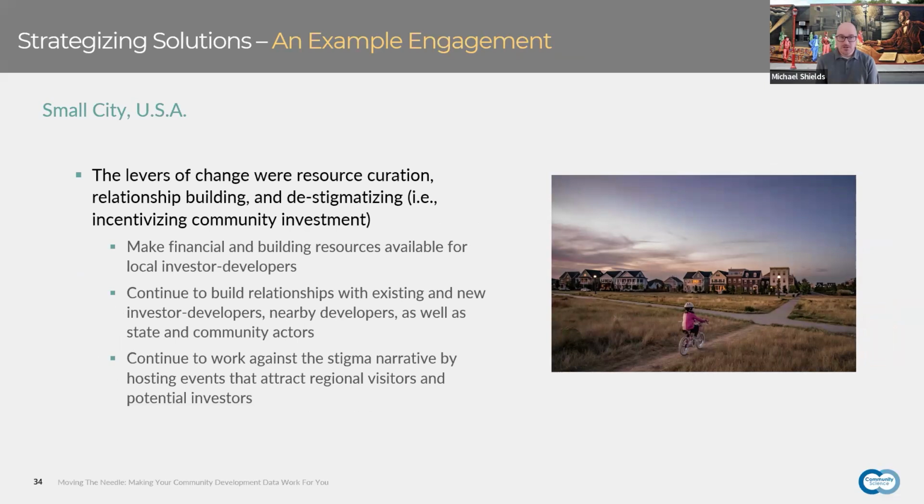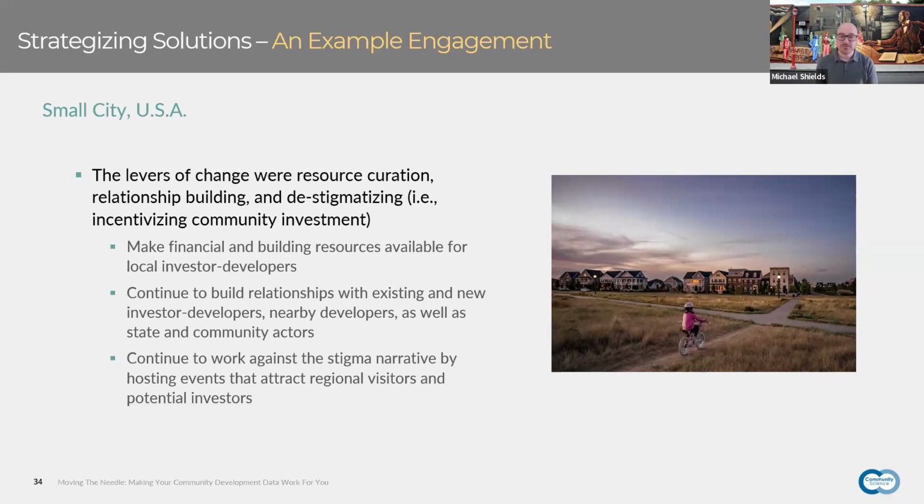So, resource curation: your city officials had such institutional knowledge and such contact with the community that they helped build those community investor developers. Instead of just waiting for a developer to show up, why not curate all your financial and building resources on your website and make it easy for people to see, hey, here's all the ways that you can be an investor developer too and help build housing in your neighborhood.